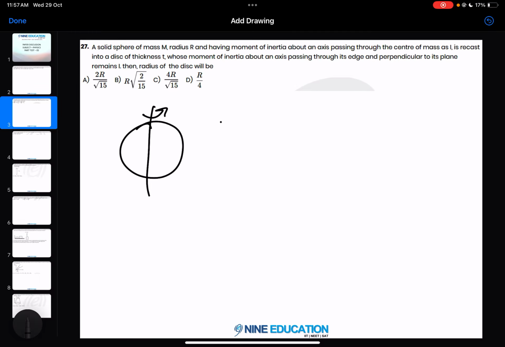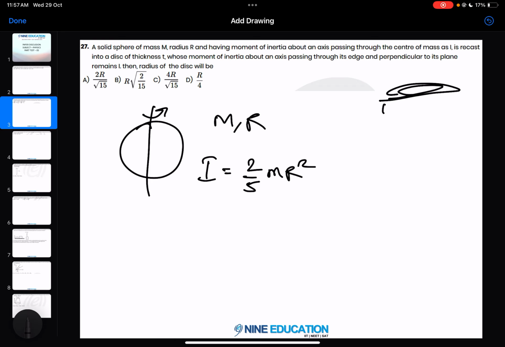There is a sphere of mass m, radius r, and the axis is passing through the center. So the moment of inertia is 2 by 5 mr square. The same sphere is cast into a disc of thickness t. Now this is being rotated this way. So in the question he mentioned the moment of inertia of both of them is same, then find the radius.